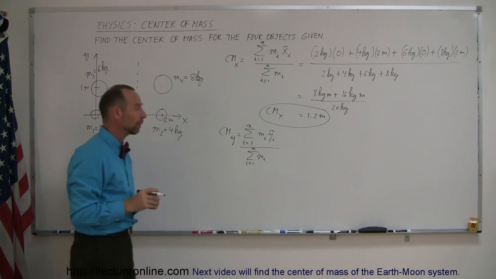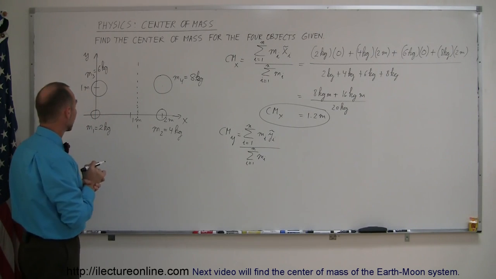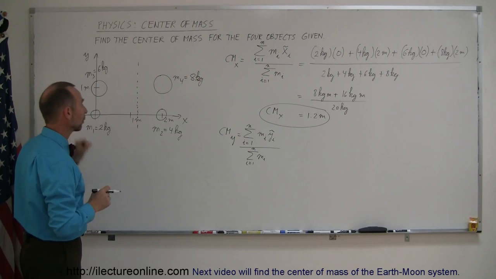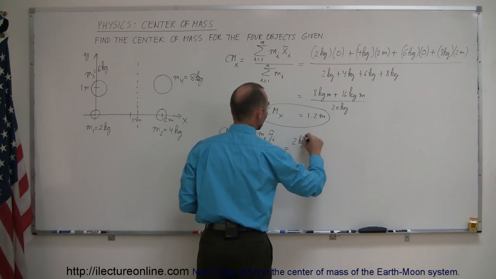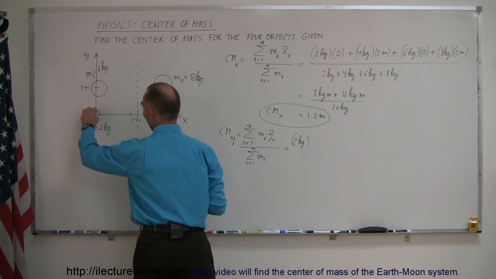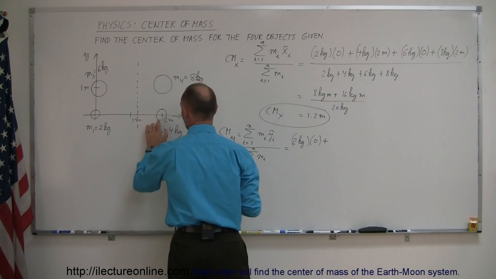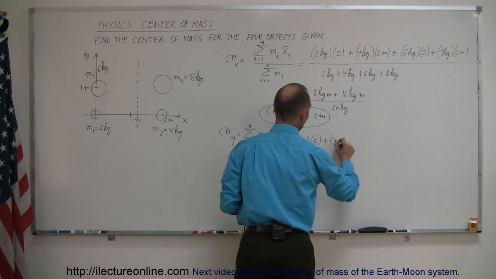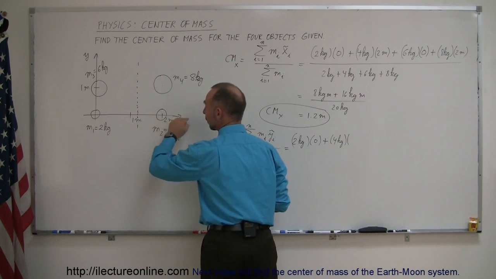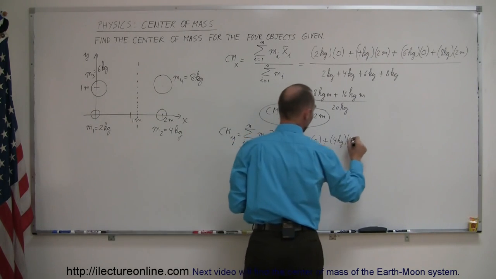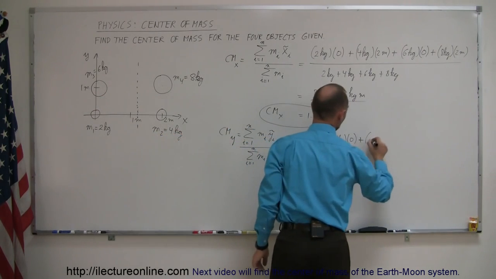Again, we multiply each mass times the y-coordinate of its center of mass. Starting with mass 1, that's 2 kilograms times the y-coordinate, and since that's at the origin, it's 0 as well, plus the second mass, 4 kilograms, times the y-coordinate, but since it's on the x-axis, that is also 0, plus the third mass, right here, 6 kilograms.